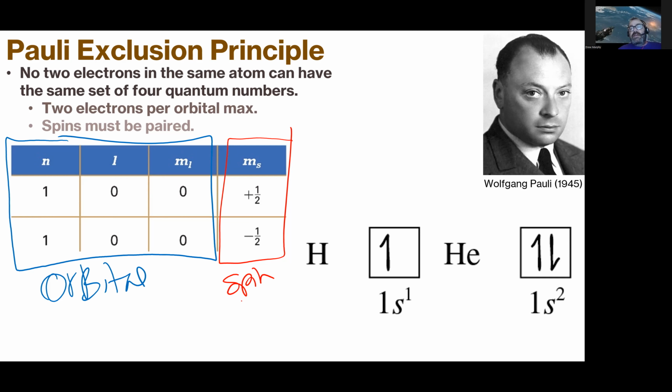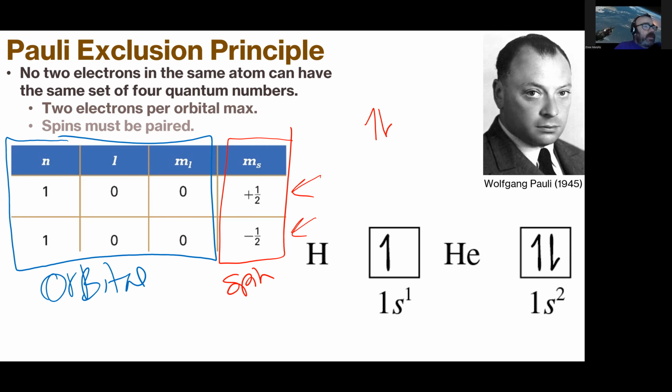So what this tells us is in each orbital, we can have 2 electrons max, one that's spin up and one that's spin down. And when we put them in there together, we say that they are paired. So an up one and a down one will pair together, and their spins end up canceling out. And then towards the end of this, we're going to come back to that and get into it.